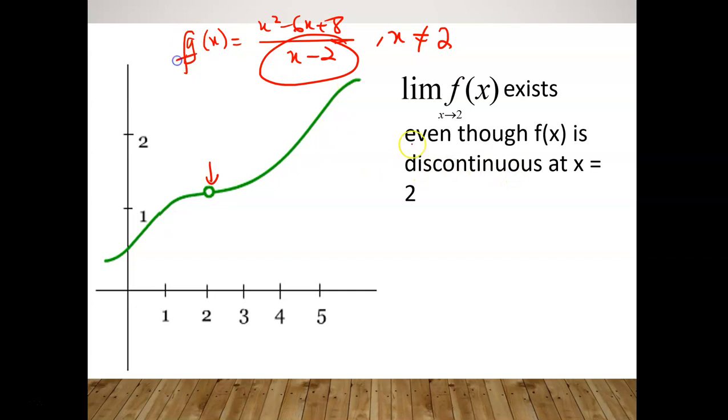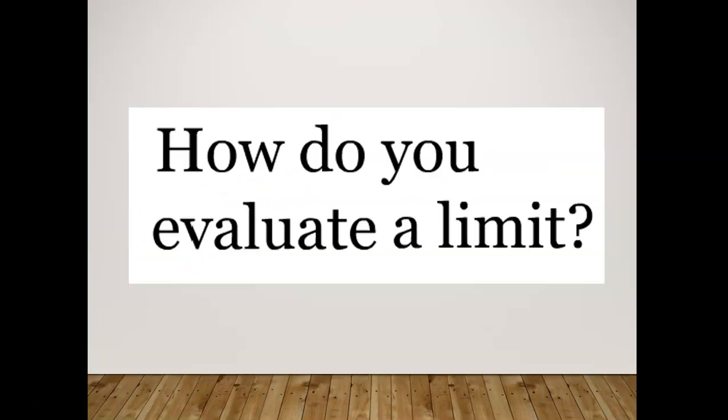This is f(x), discontinuous at x equals 2, but the limit still exists. Why? Because the limit from 2 positive equals the limit from 2 negative. Same.